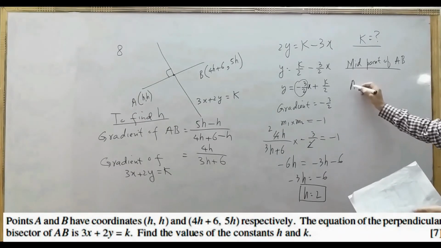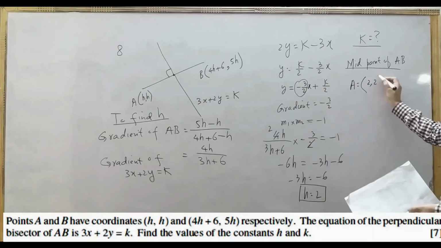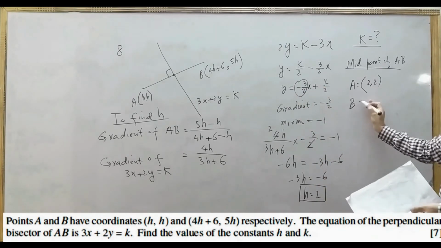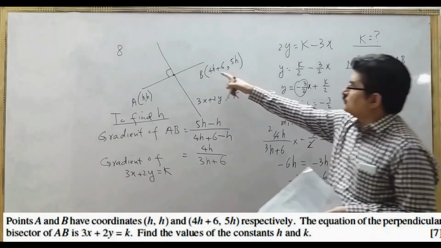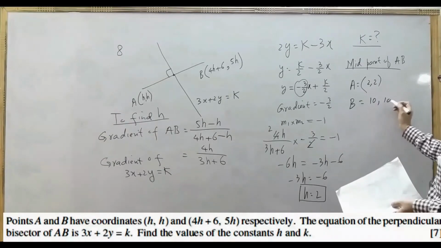Firstly, you can write A by putting the value of h as 2. So A becomes (2, 2) and B becomes, if you put 2 over here, 4 twos are 8, it becomes (14, 10).